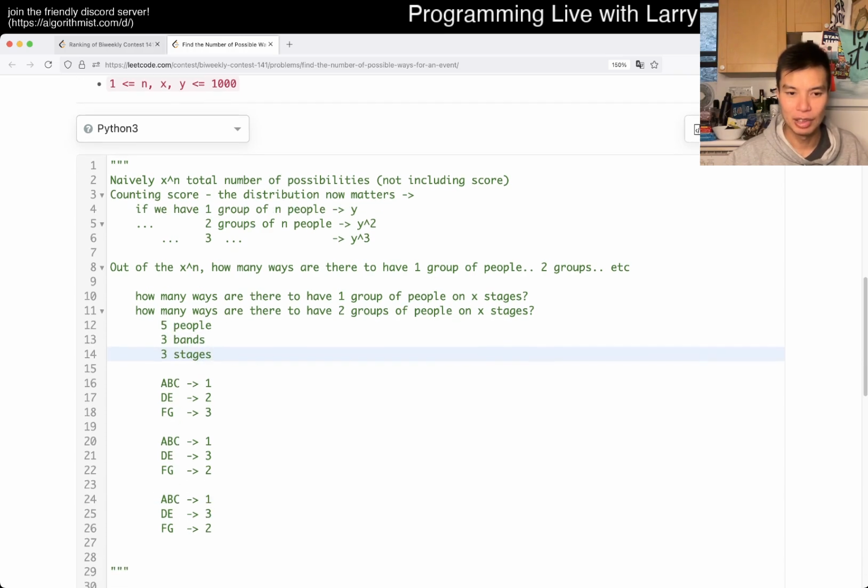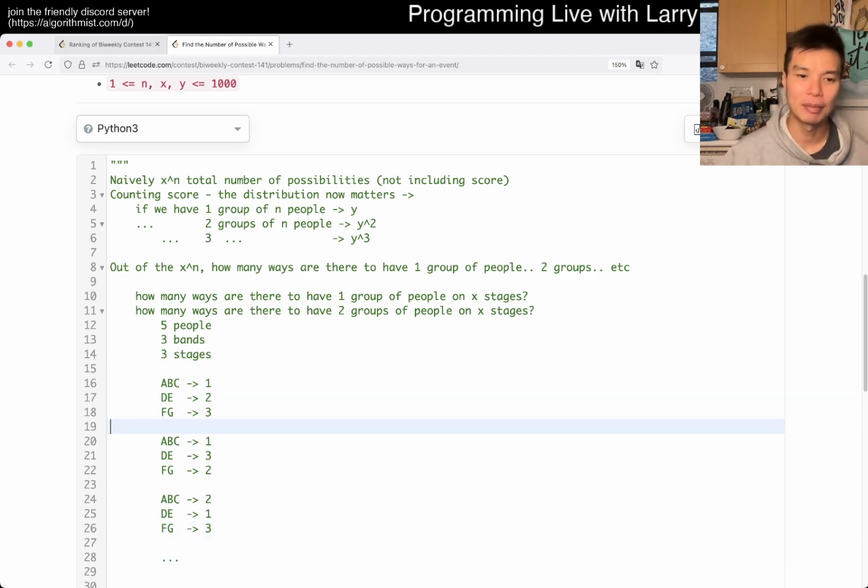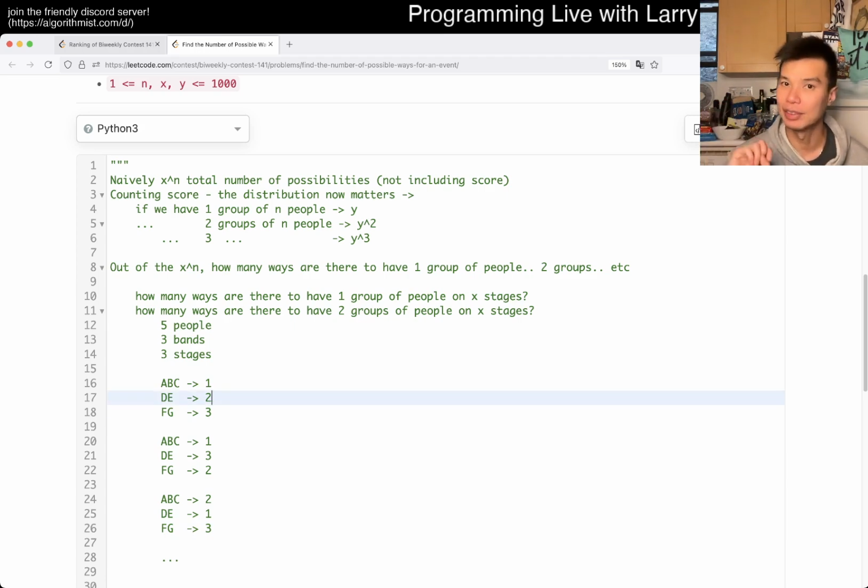So this is another possibility, and so on. All these are distinct, meaning the order matters, which is another way of saying you have to factor that in as well.